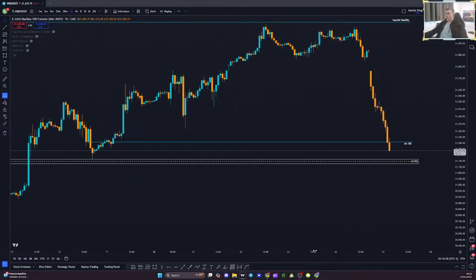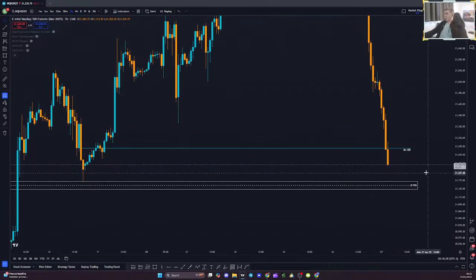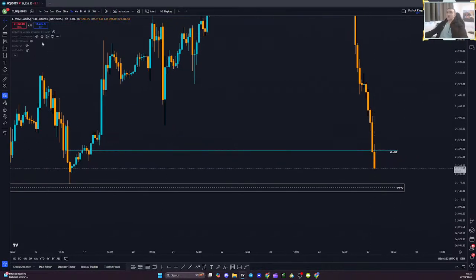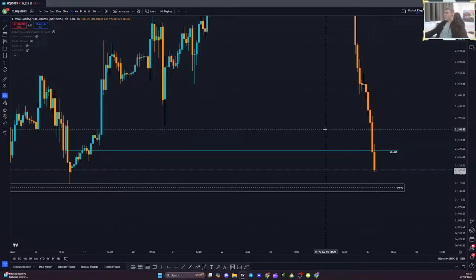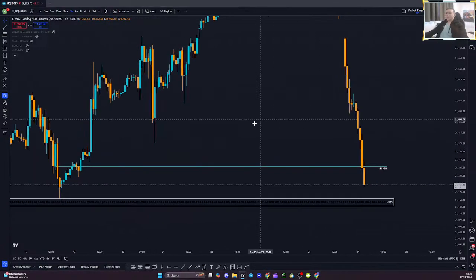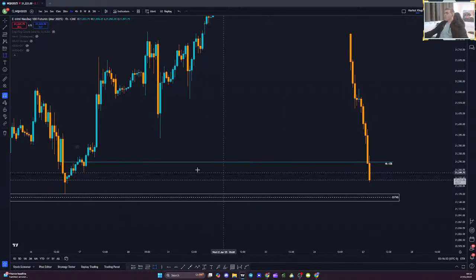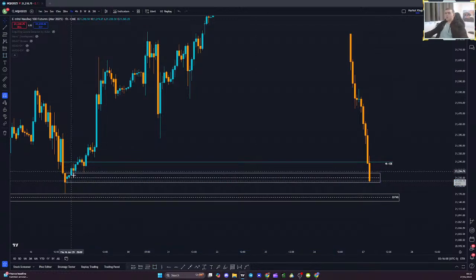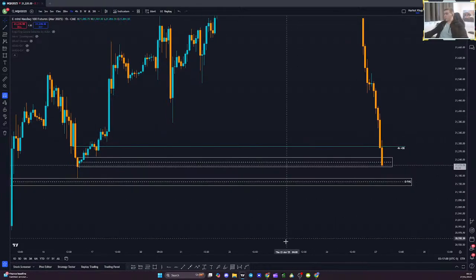About the hourly. I'm gonna be watching if this order block can support price.